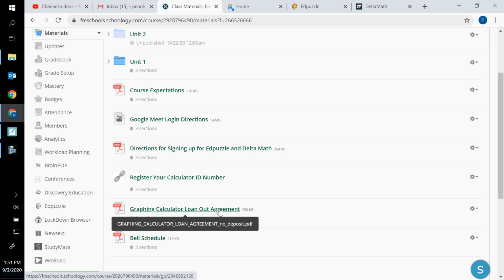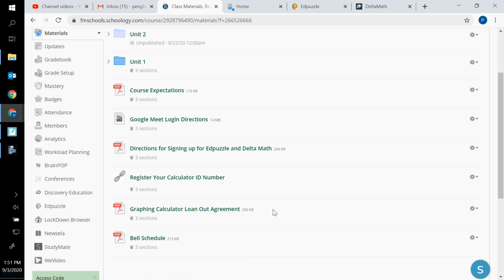If you are someone who is in cohort C, fully remote, fill that out, send me a picture of it, and then I will take it down and get the calculator for you, and we'll send it on the next time they send out stuff. But try and do that as soon as you can, because the nicer calculators go really fast, the color ones. So the sooner you can do that, the nicer the calculator is that you will get.